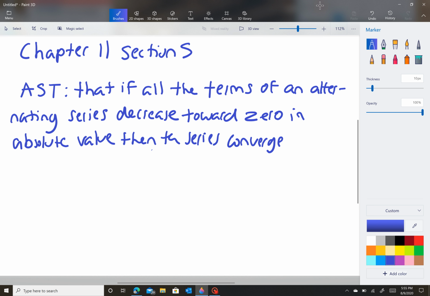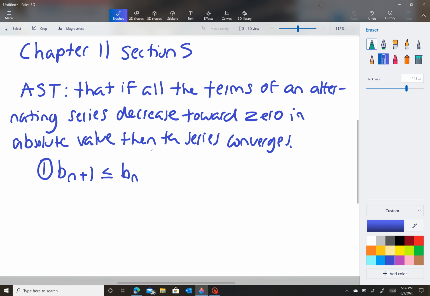Basically what that all means can sum up into two sub rules, or conditions. The first condition is b sub n plus 1 is less than or equal to b sub n, and this is for all n.